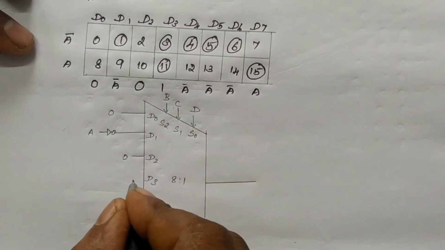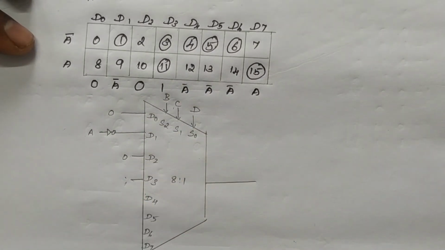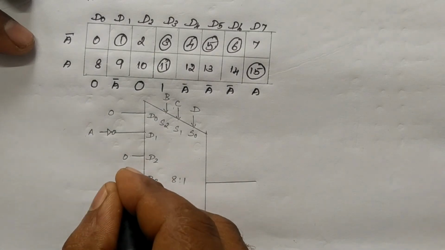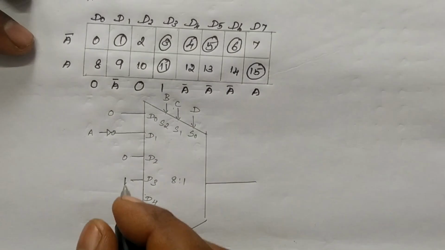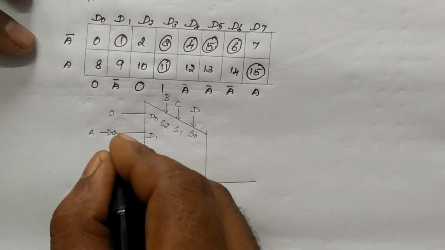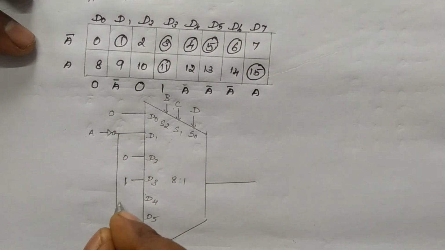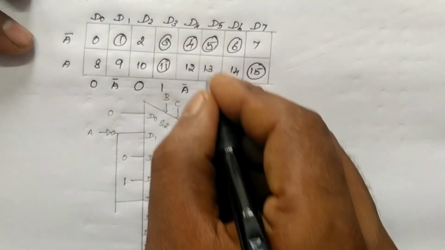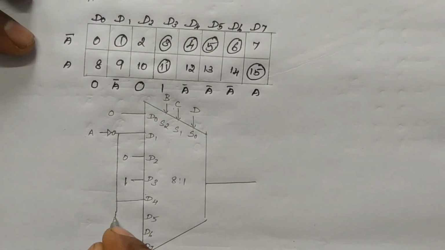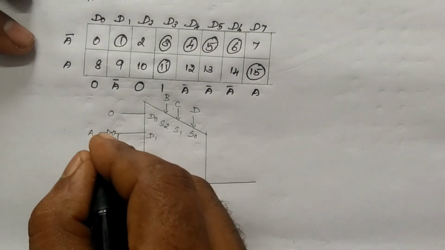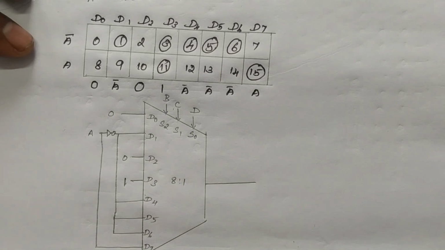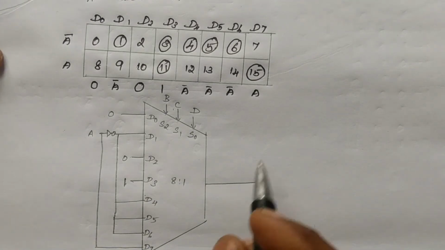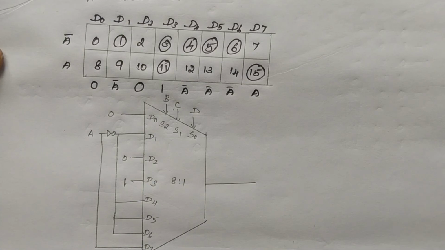D3 is 1, therefore we connect it to 1. Then D4 is A bar, so we connect it to D4. D5 also A bar, D6 also A bar, and D7 is A. So from here we can connect it. Then if you want, you can check the input combinations.